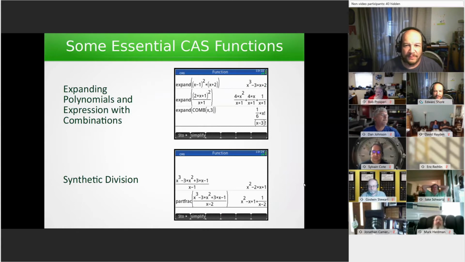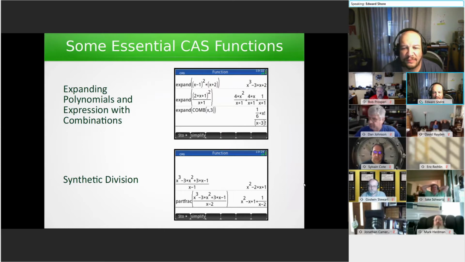You also have the ability to expand polynomials and any other expressions. For example, if I expand the combination function of x, 3, I get x factorial over 6 times 1 over (x minus 3) factorial.